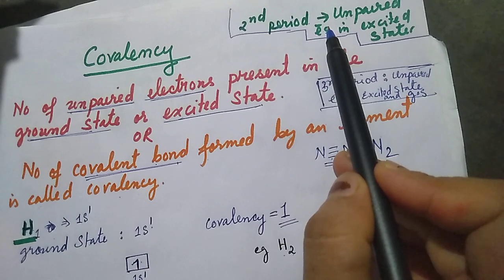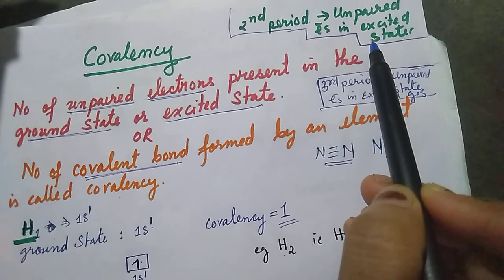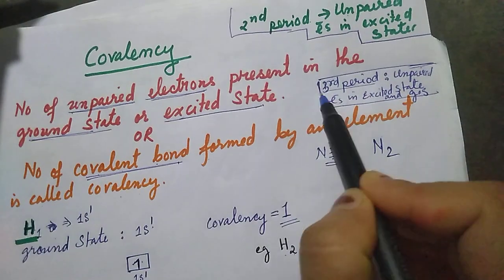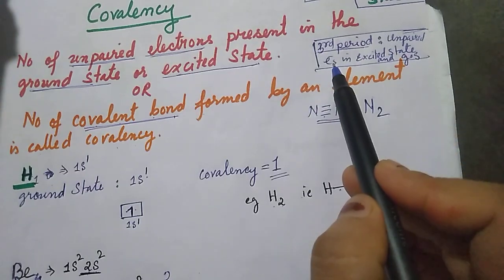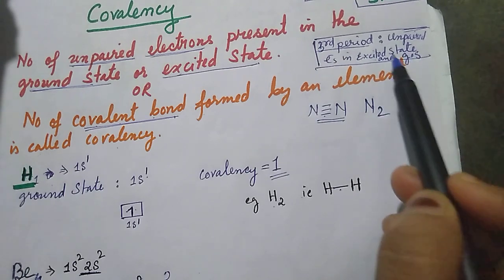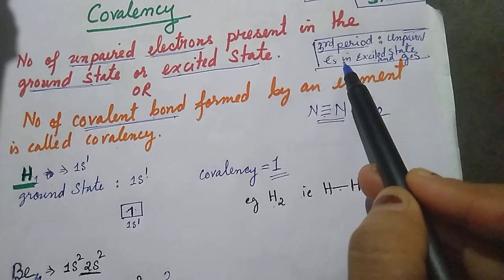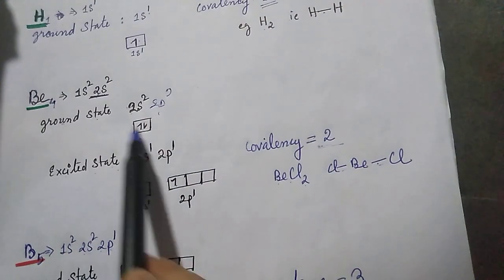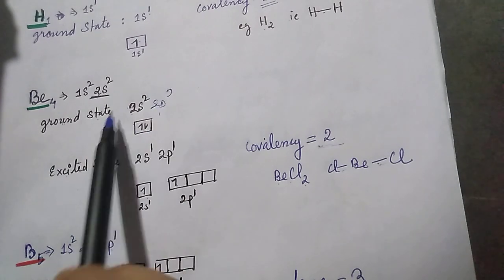We will always consider the excited state. But in case of the third period elements, both in the excited state as well as in the ground state, whatever unpaired electrons are present will be considered as the covalency. We are not considering the ground state in the second period.